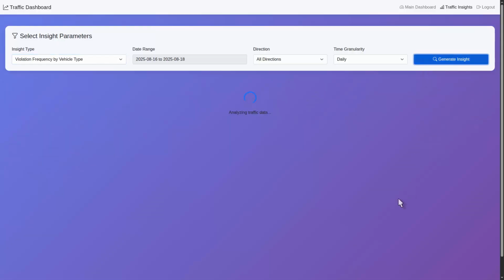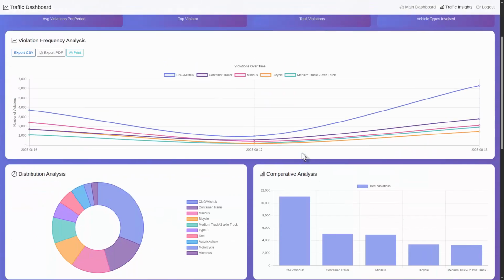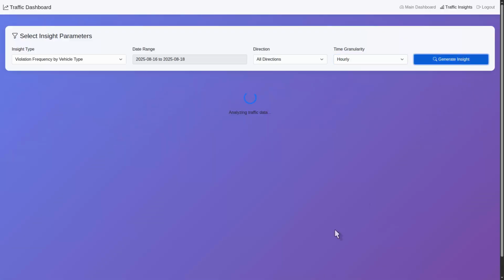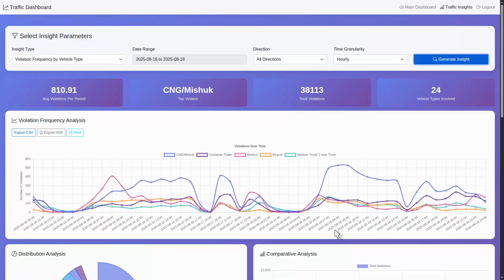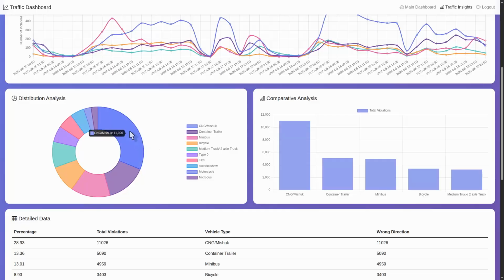Let's analyze violation frequency by vehicle type. The violation frequency shows which types of vehicles are more prone to violations. If you analyze hourly view, we see CNG Mishuk has more violation tendency.